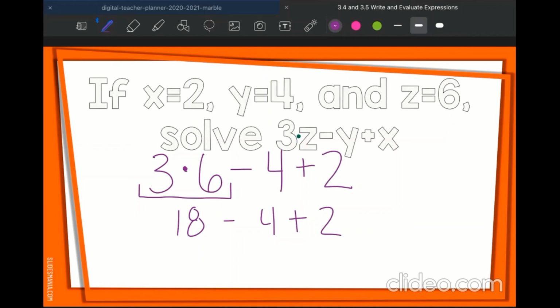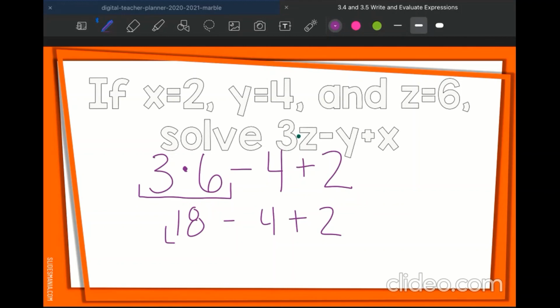Now, what does my Aunt Shelley tell me to do? Add and subtract. What, however, am I going to add and subtract? 18 minus 4 or 4 plus 2? 18 minus 4, because when we do these problems, we do them just like how we read, and we go left to right.